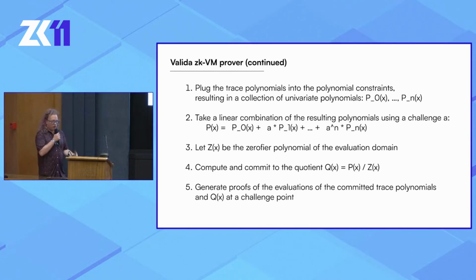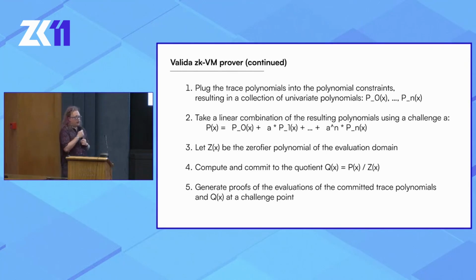Then to get the actual proof, we plug these into the constraint equations. These are multivariate equations. This is the AIR constraint system, but plugging in a bunch of single variable polynomials, each constraint gives us a single variable polynomial, and then we combine these using random linear combination from a challenge alpha generated by hashing everything committed to so far.